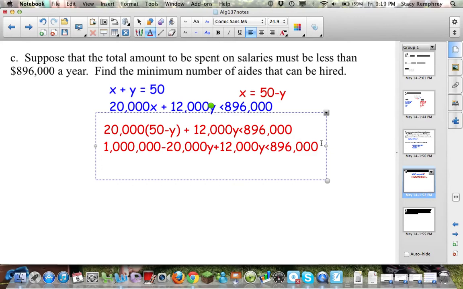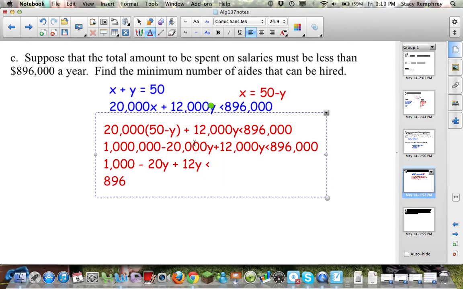You don't have to do that. That's just to help me get smaller numbers. I tend to mess numbers up when they're too large. So all I did was divide 1,000,000 by 1,000, 20,000 by 1,000, 12,000 by 1,000, and 896,000 by 1,000. That just makes the numbers a little smaller, a little easier for me to work with.